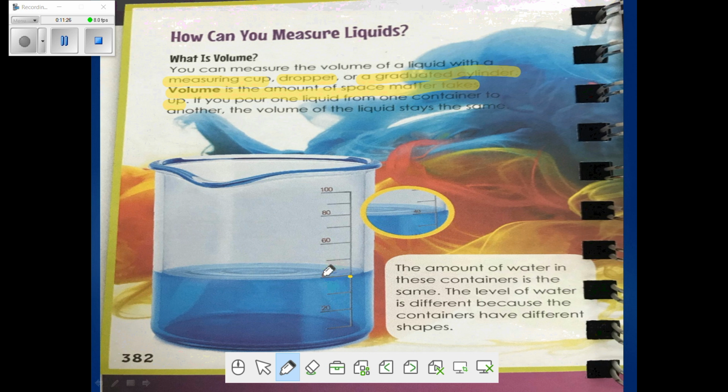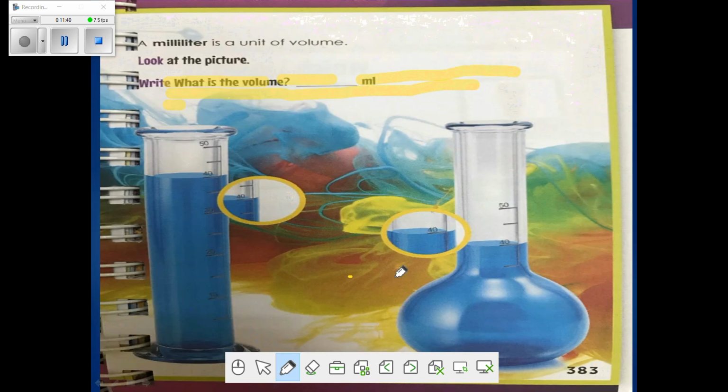So 40 milliliter. So how much water do we have in the measuring cup? 40 milliliter. What is the volume of water in the graduated cylinder?